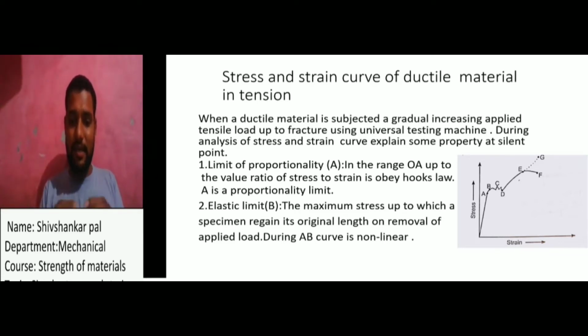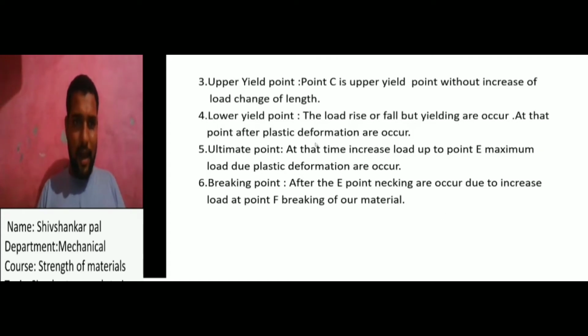When a material is loaded, some deformation occurs, but when the load is released, it regains its shape. That behavior of the ductile material up to point B makes it an elastic material. That is clear.